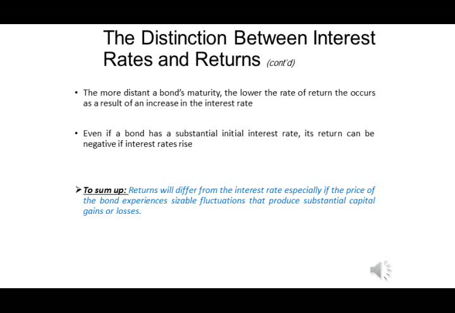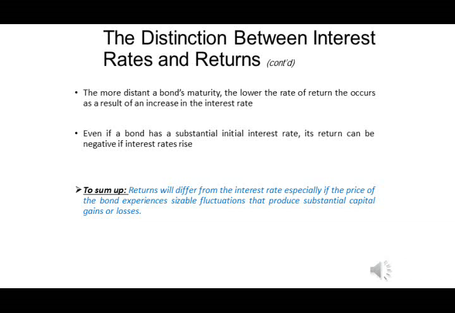The third case, if the maturity lifetime of the bond is longer than the holding period and there is a decrease in the interest rate, it will lead to an increase in the price of the bond, and this leads to a rate of capital gain, which means that the rate of return would be much higher than the yield to maturity.